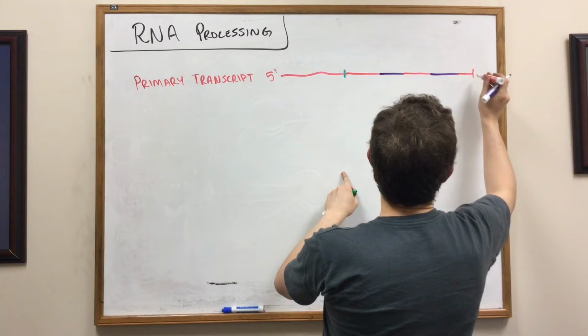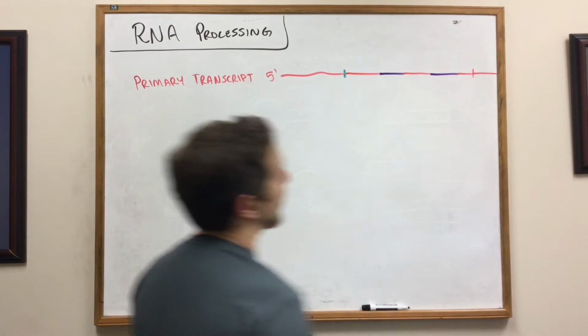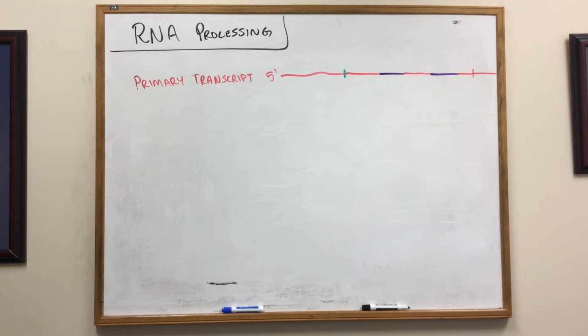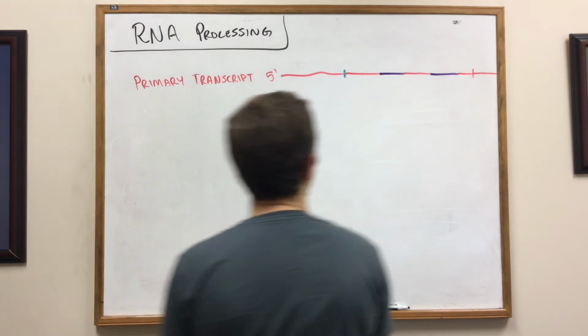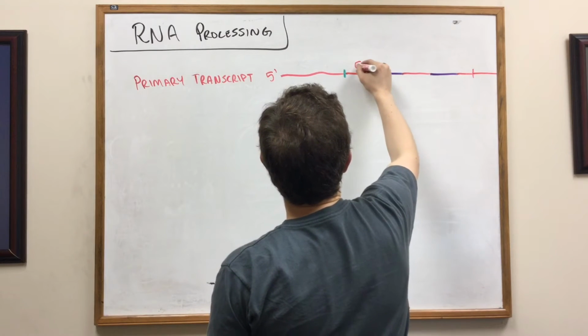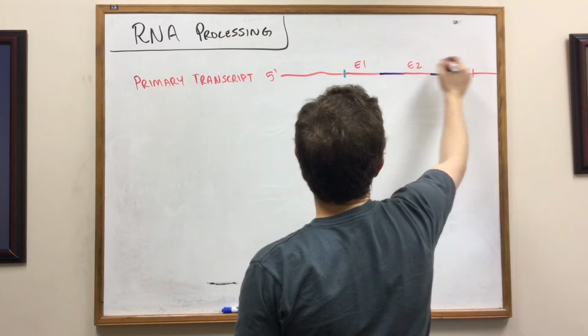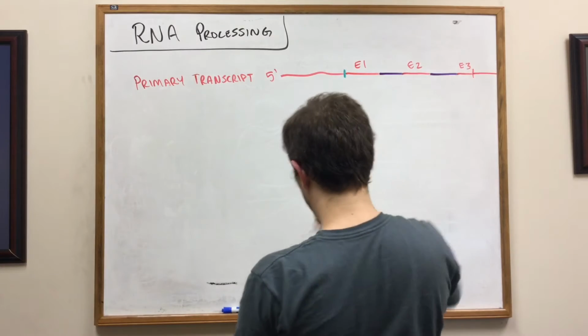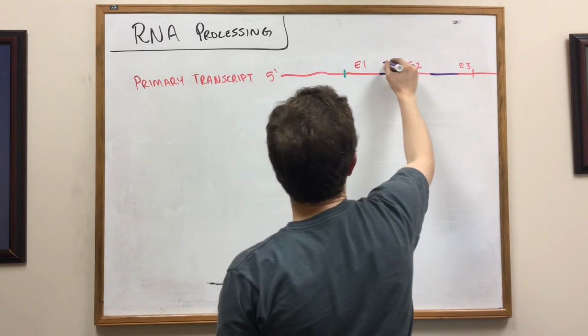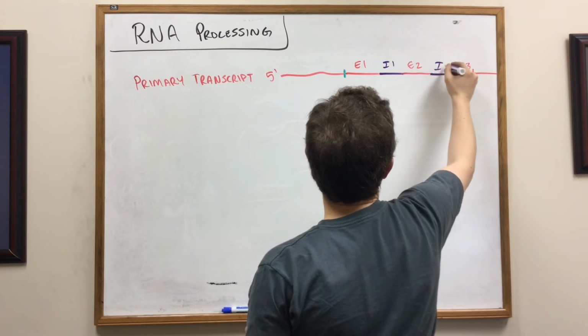Okay, this will be the last exon. And then I'm also going to have a sequence down here as well, towards the 3' end. So again, right here, this is exon 1, exon 2, and exon 3. And then I have intron 1 and intron 2.